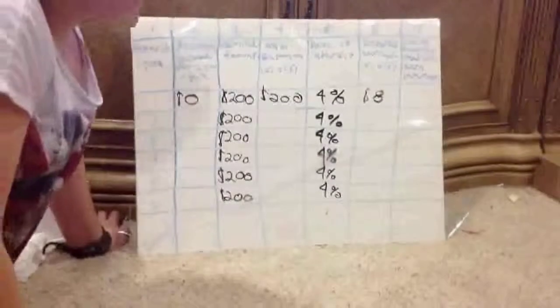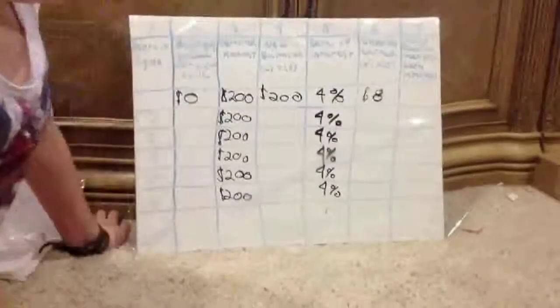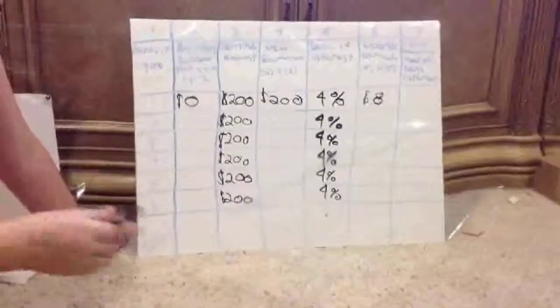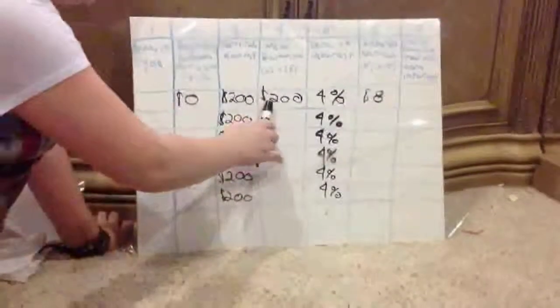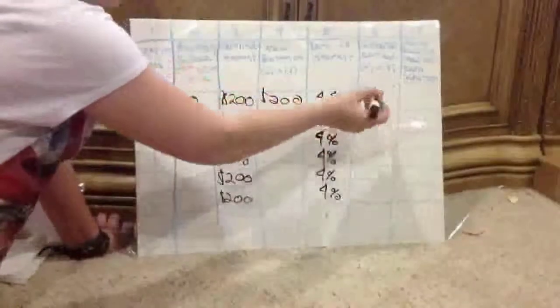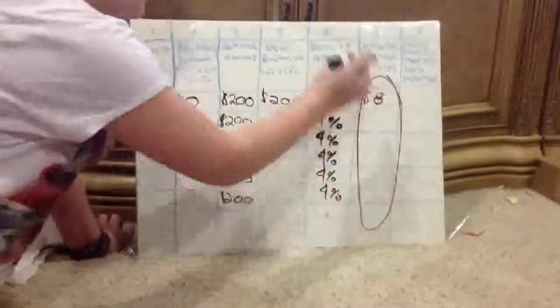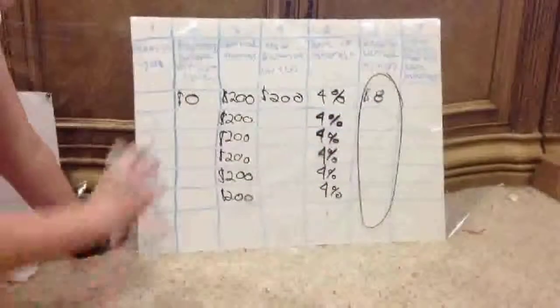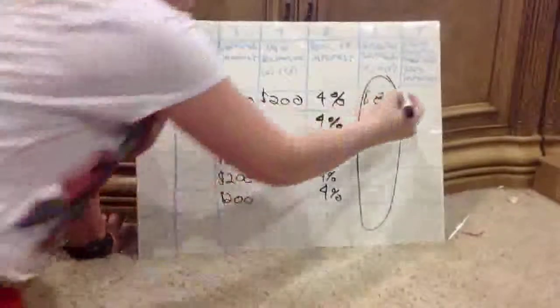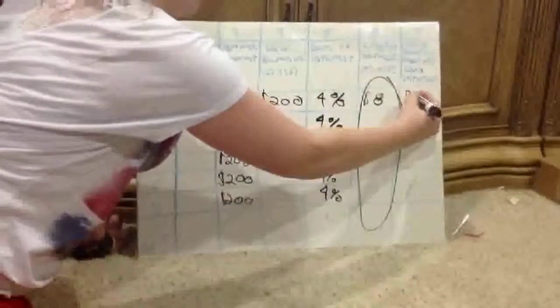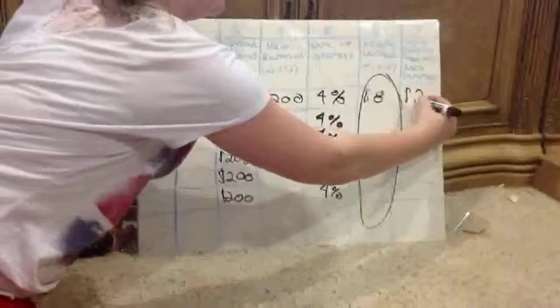So, for your ending balance, since we're doing simple interest, you would take this number and put it right there, and you would leave the interest that's in this column there, and you would not add it to the balance. So if you're getting your ending balance right here, it would be 200.